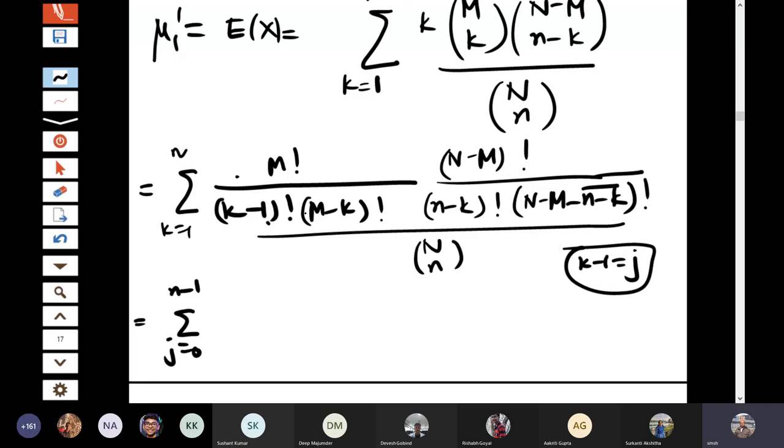Then I adjust those terms. I will take one M outside here, then one n has to be taken from here also, and one small n will also come out, because one term will come out from here. So let me put it like that.